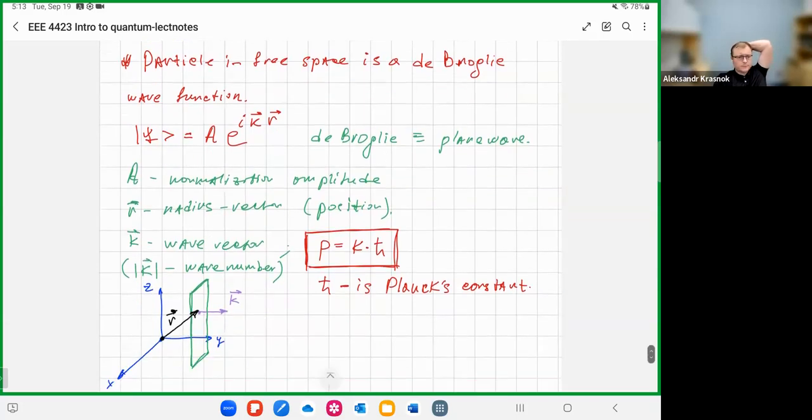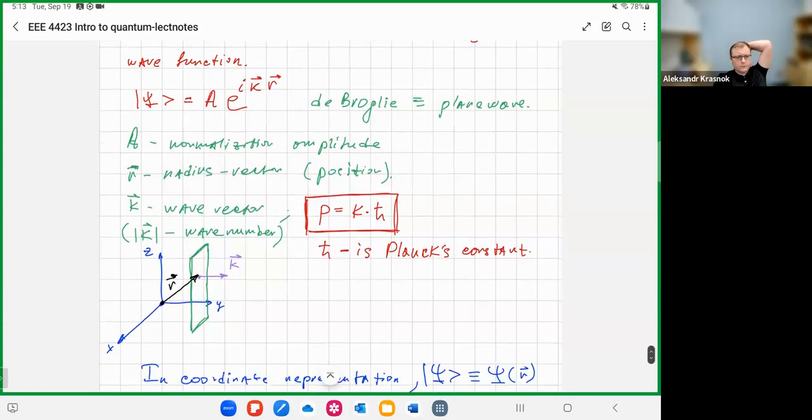At this point, there is this famous Einstein's formula for the momentum of a free particle, which is simply the wave number k times Planck's constant.